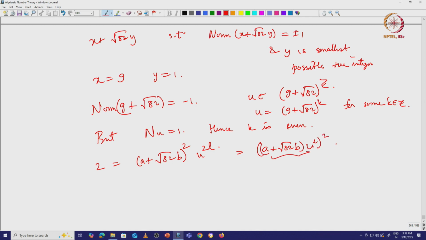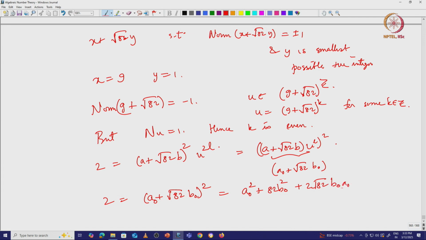So, I take this as a 0 plus square root of 82 b 0. So, 2 is a plus square root of 82 b 0, squared, which is simply a 0 square plus 82 b 0 square plus 2 times a 0 b 0 square root of 82.